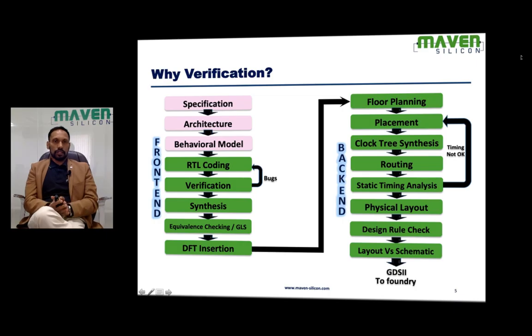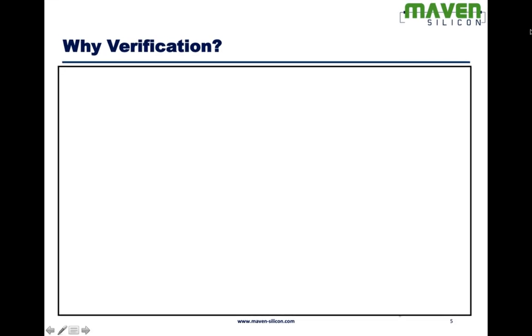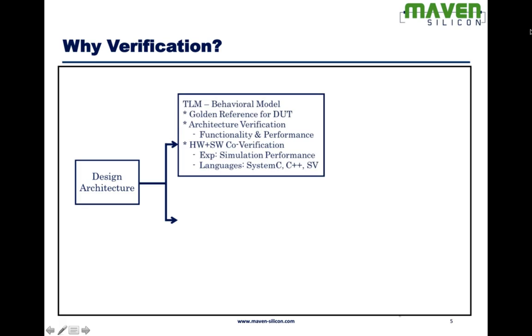To verify the architecture, we create a behavioral model. Look at the process. We have created the architecture from the specification, and based on the architecture, we create a functional model. It's also called a transaction level model.